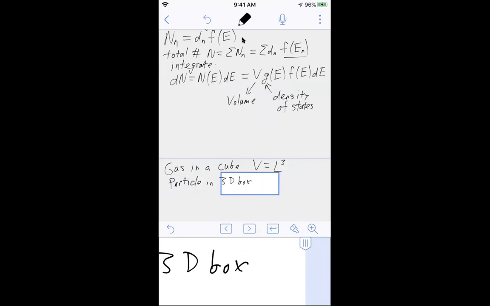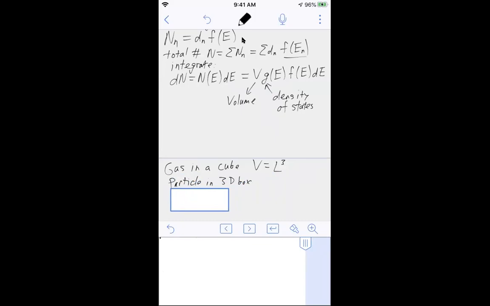Last semester we did a particle in a box, and it's going to have a sine function. For a two-dimensional box, you have a sine function that has to fit in the x direction, and one that has to fit in the y direction, and you'd also have one that has to fit in the z direction.